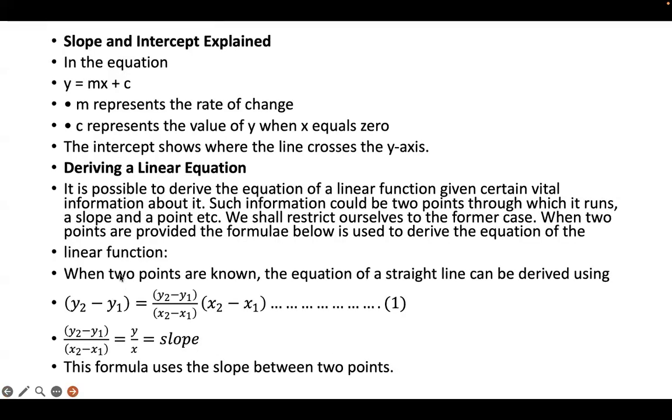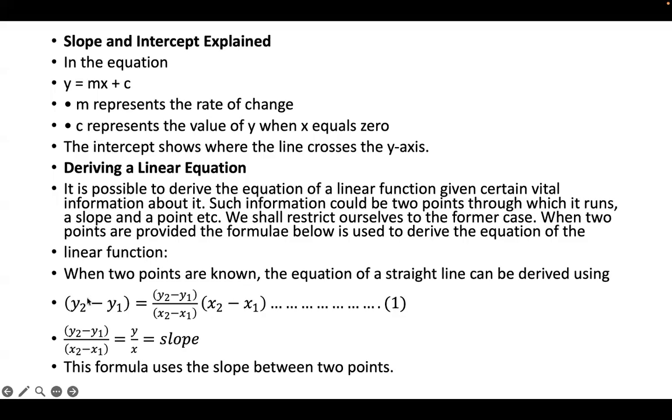So when I give you two coordinates, for you to get the function or the equation of the straight line, this is the formula you use. With this, the change in y2 minus y1 over the change in x2 minus x1 will give you the slope.